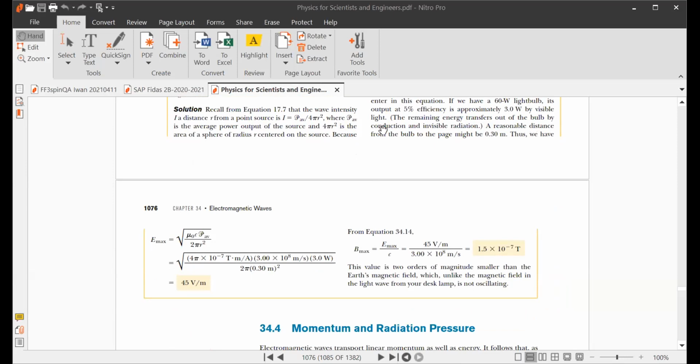A reasonable distance from the bulb to the page is around 30 centimeter. Then we get Emax is around 45 volt per meter. And Bmax, the amplitude, is around 1.5 times 10 to the minus 7 Tesla.